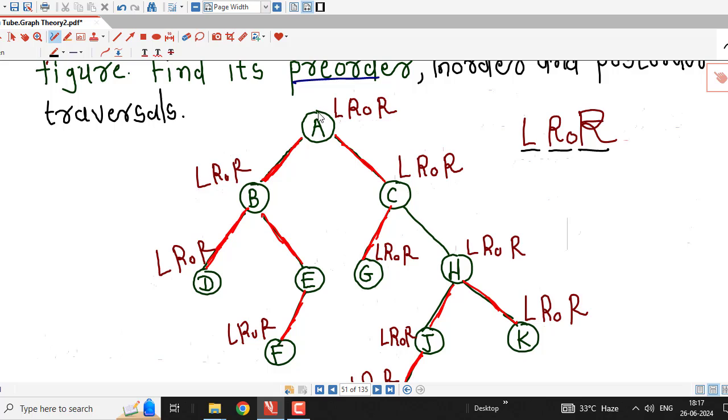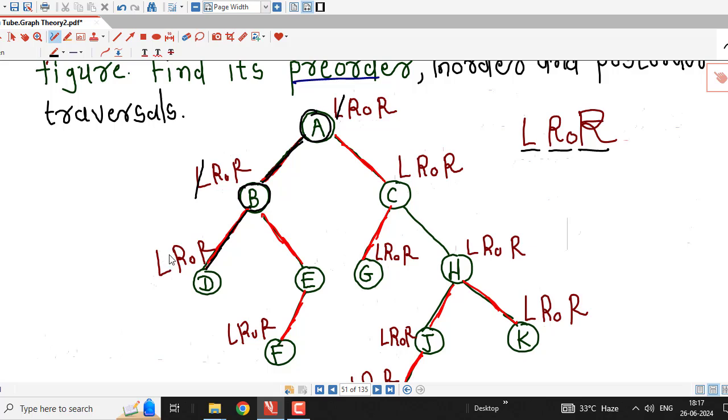So here A is the root, and for this I have to first traverse the left subtree of A. So I am cancelling capital L and I am traversing to the left of A. After that, for this subtree B is the root, so I will consider the first operation, left of B. So I am going in this direction.